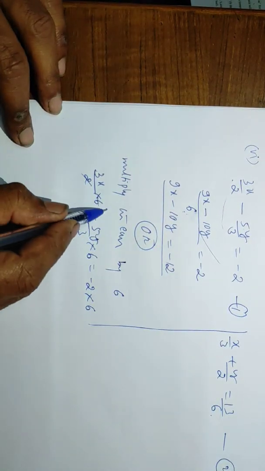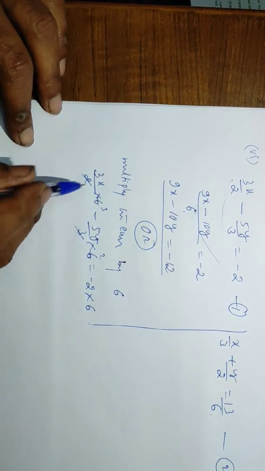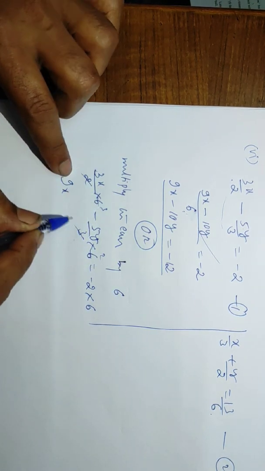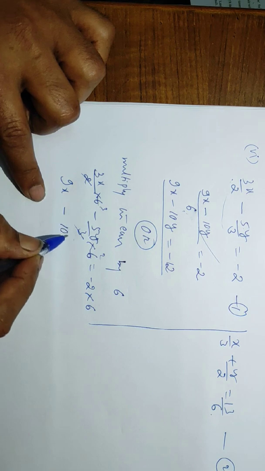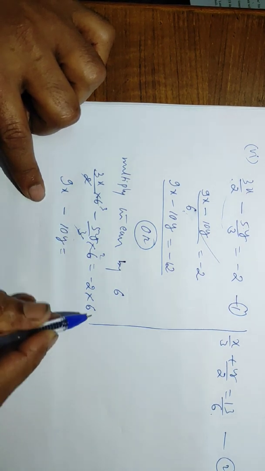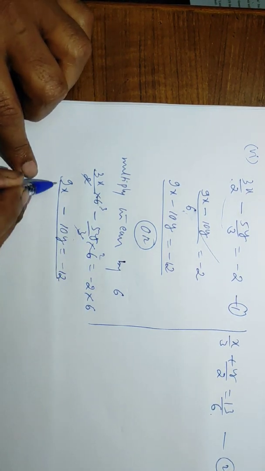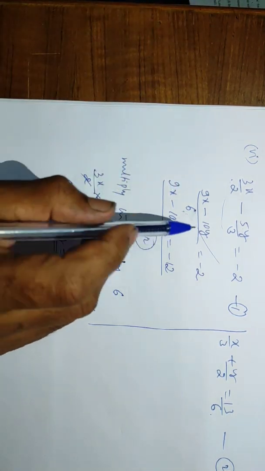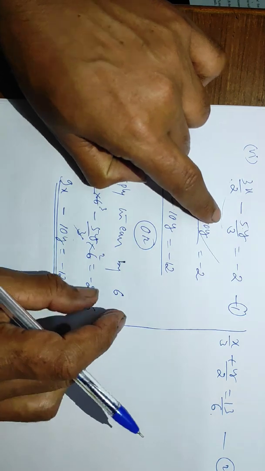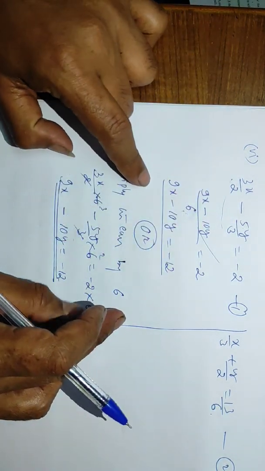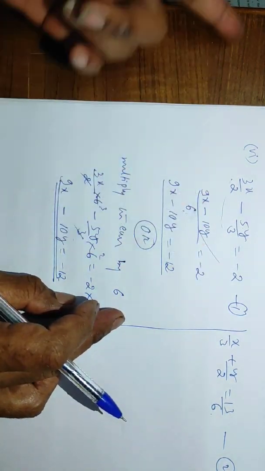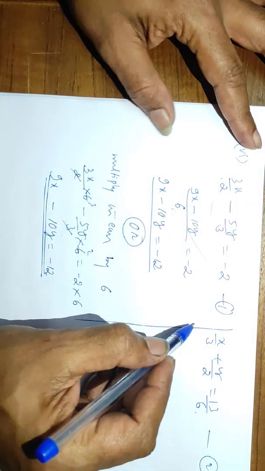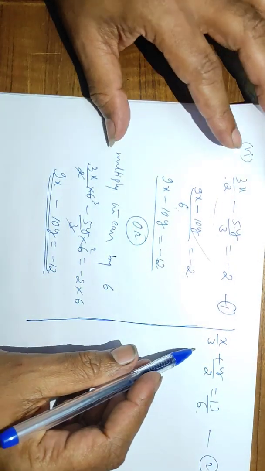So 2 1s are 2, 2 3s are 6, 3 1s are 3, 3 2s are 6. So 3 3s are 9x minus 5y into 2, 10y is equal to minus 2 into 6, minus 12. See, one and the same. Either you simplify the LHS and then you cross multiply, or multiply the whole equation by the LCM.